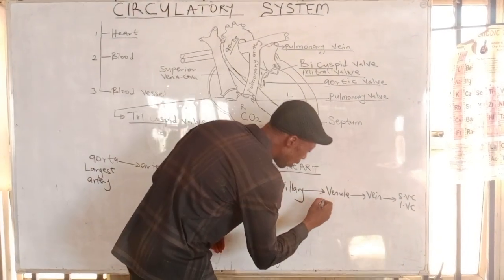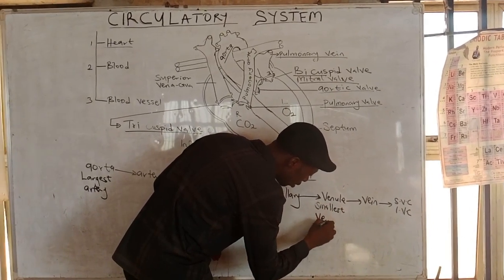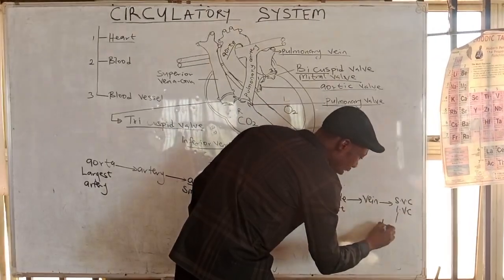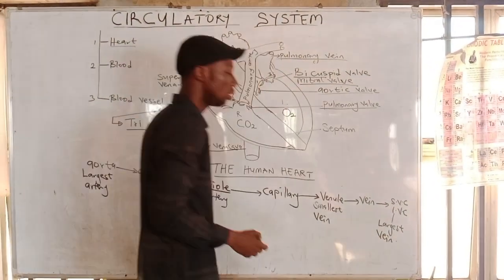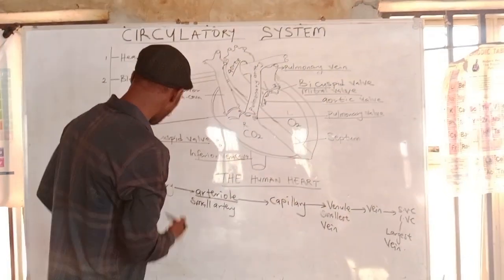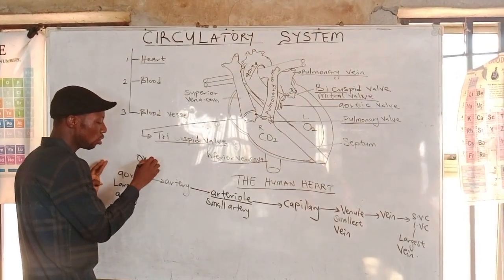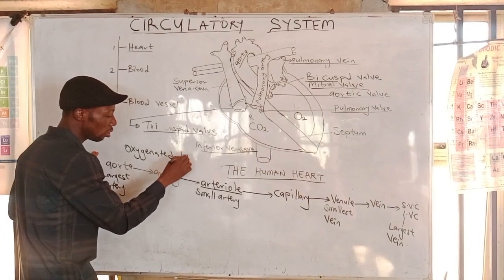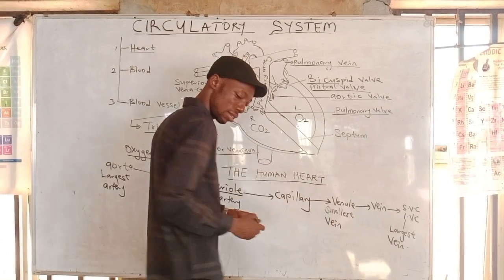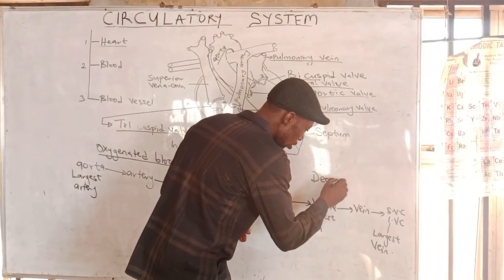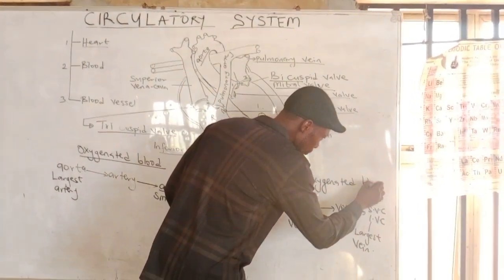Then here we have the smallest vein. Then here we have the largest vein in the body. Then in this route here, we have oxygenated blood, that is in systemic circulation. Then here, deoxygenated blood.